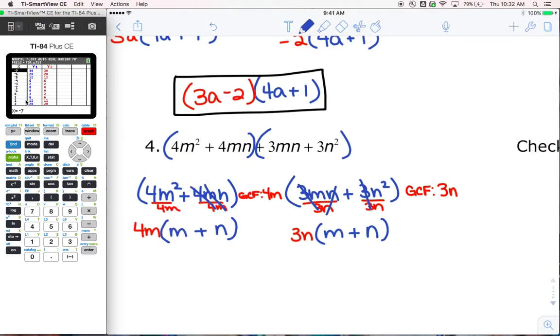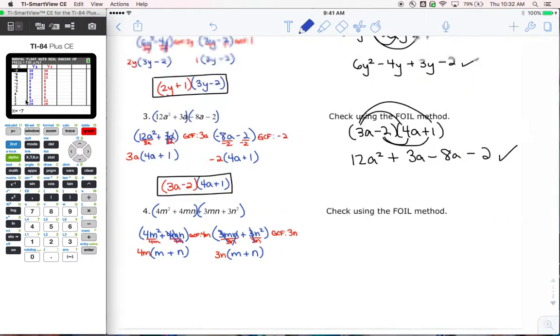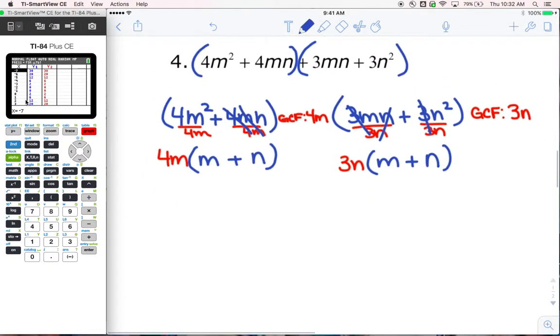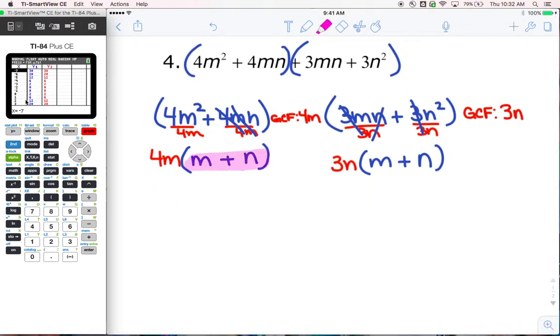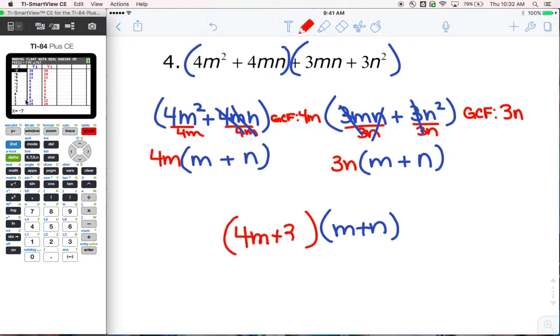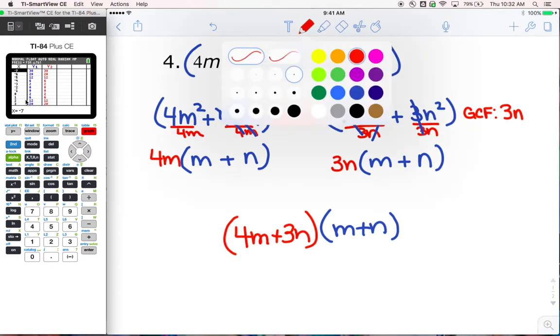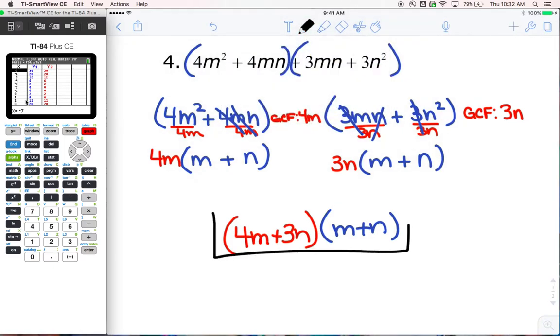We're checking to see if what's in the parentheses matches, and it totally does, so we're very happy. This matches up with this, and that makes one of my groups. So m plus n is a group. My other group is these outside terms, my GCFs, 4m and a positive 3n. And that right there is my final answer.